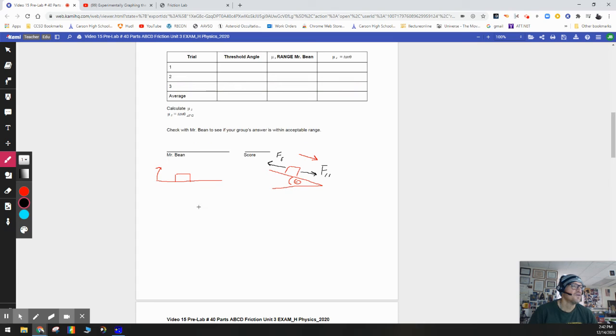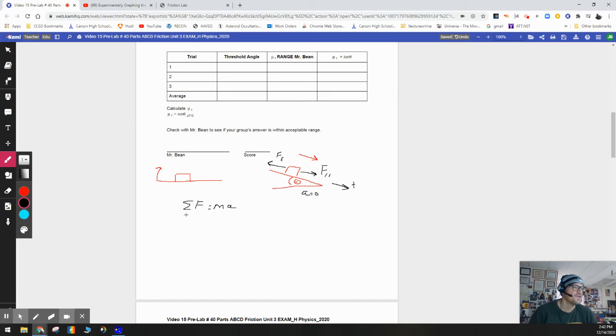So what happens then is that the sum of the forces on the ramp is going to equal ma, like so. Now, going down the ramp is going to be positive. It's not moving, therefore acceleration is going to be 0 initially.